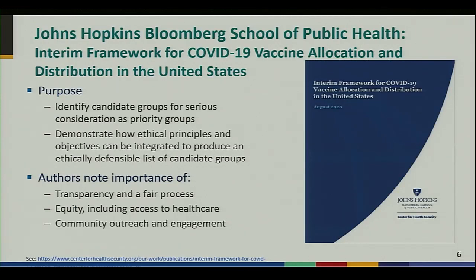So next, moving to the Johns Hopkins Interim Framework for COVID-19 vaccine allocation and distribution in the US, with a purpose to identify candidate groups for serious consideration as priority groups and demonstrate how ethical principles and objectives can be integrated to produce an ethically defensible list of candidate groups. The authors note the importance of transparency and a fair process, equity, including access to healthcare, and community outreach and engagement. Next slide.